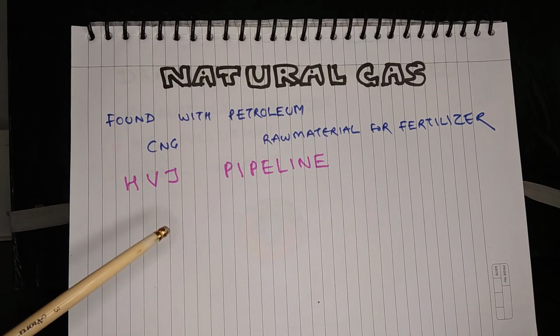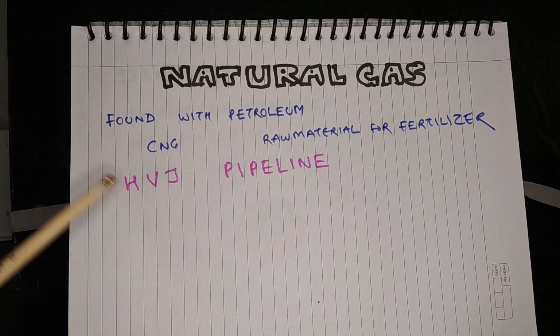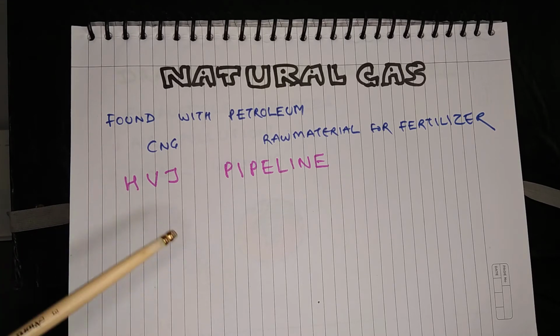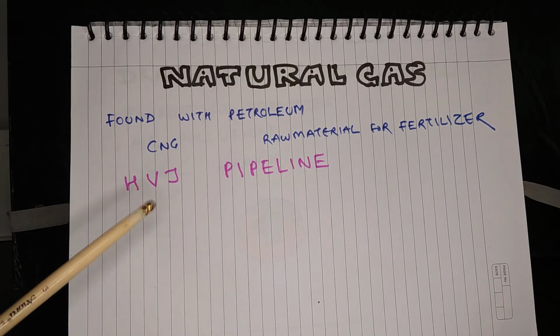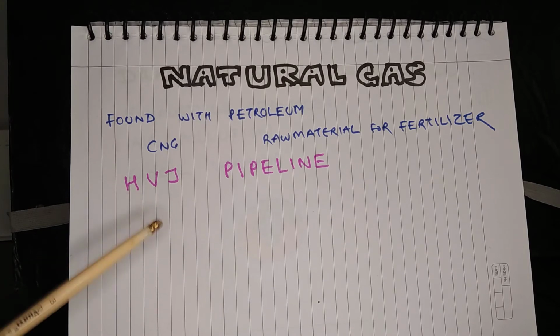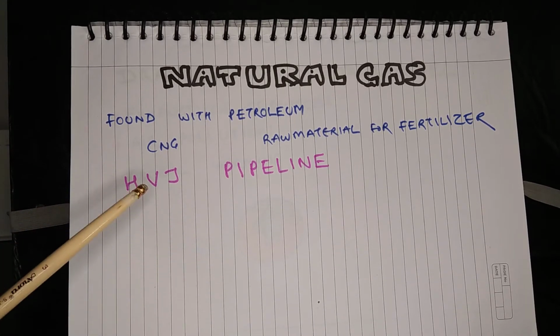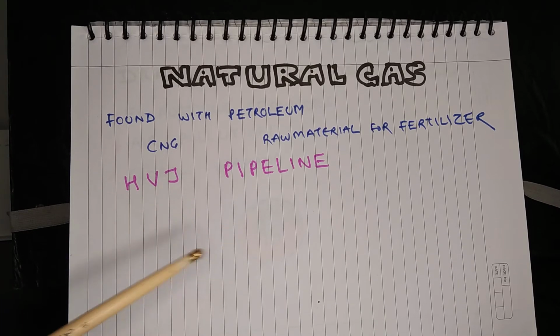The government has ensured the construction of HVJ Pipeline. HVJ stands for Hazira, Vijaypur and Jagdishpur Pipeline. It starts from Hazira in Gujarat and ends at Jagdishpur, that is in Uttar Pradesh.